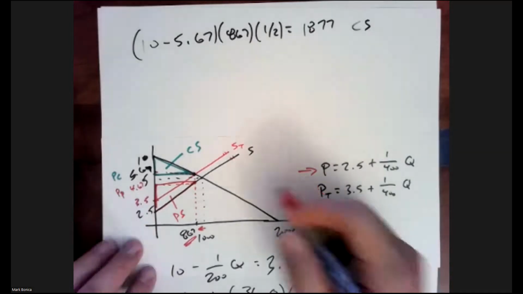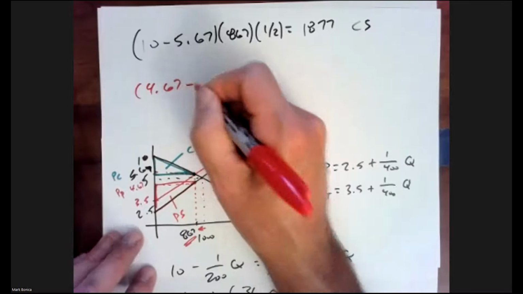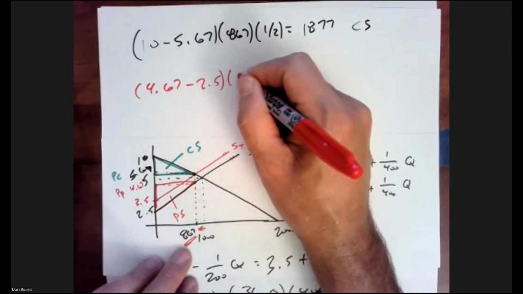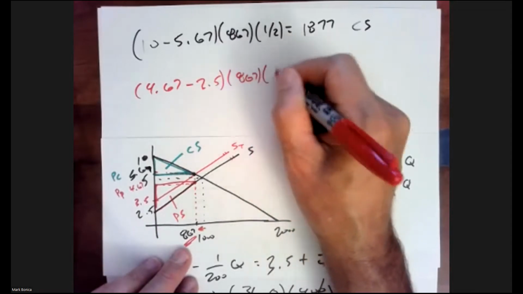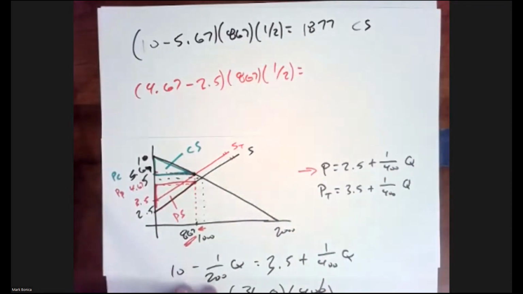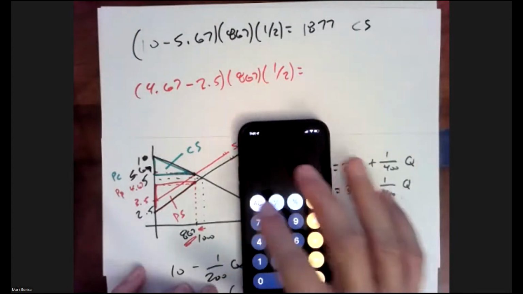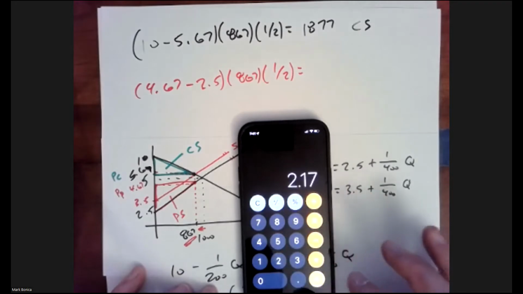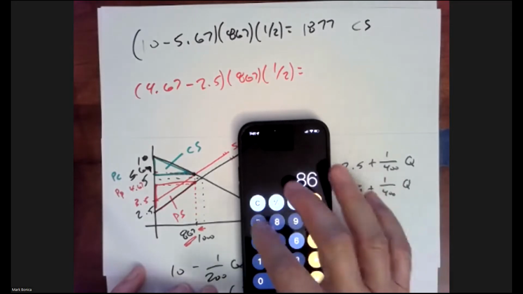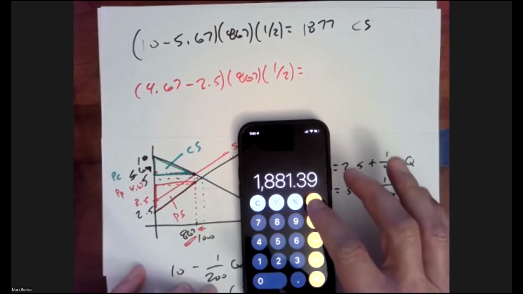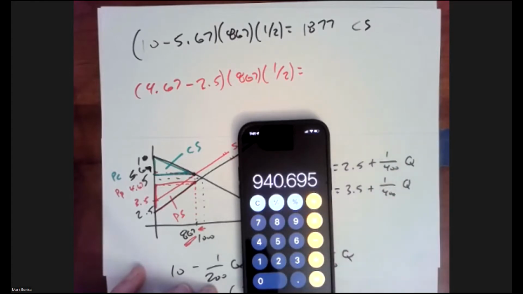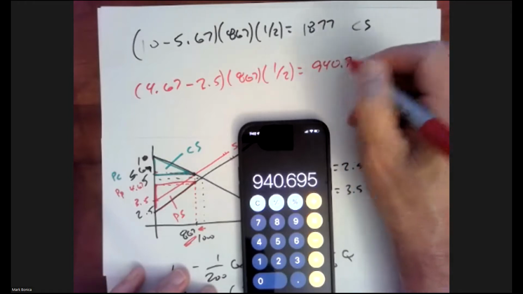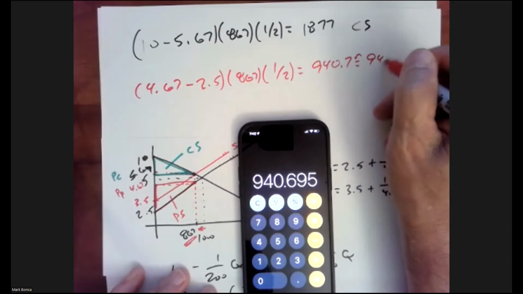Well, it's 4.67 minus 2.5, times 867, times 1/2. 4.67 minus 2.5 gives me 2.17, times 867 gives me 1881, divided by 2 gives me 940.7. So let's just say 941.